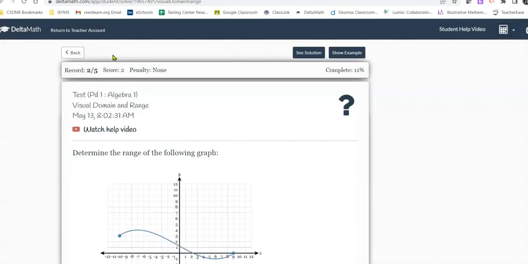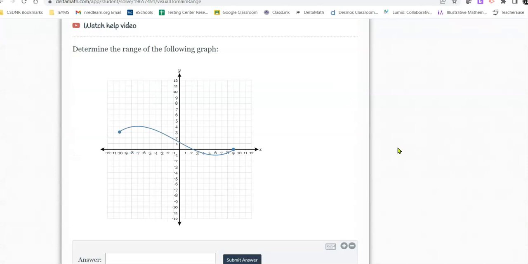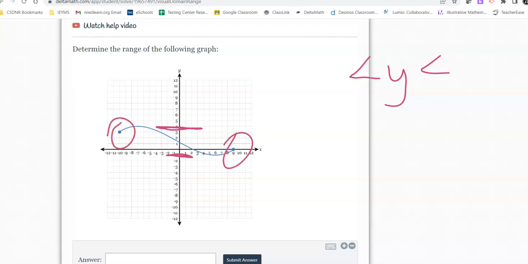Let's see if we can get a range question. Here we go. Determine the range. So the range always starts with a y in between the two less than signs. And it talks about how high up you go on the y-axis and how low down you go on the y-axis. Now this generally does not use these solid points in its values.